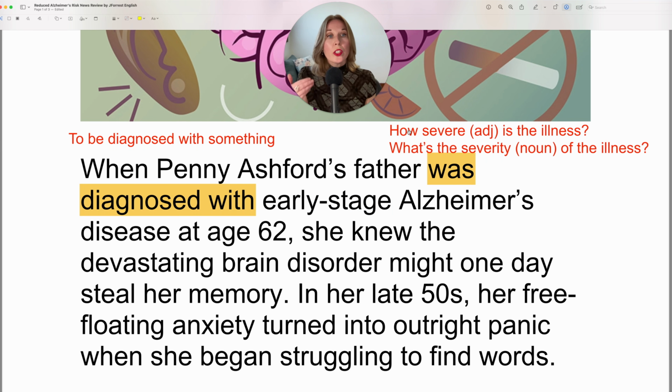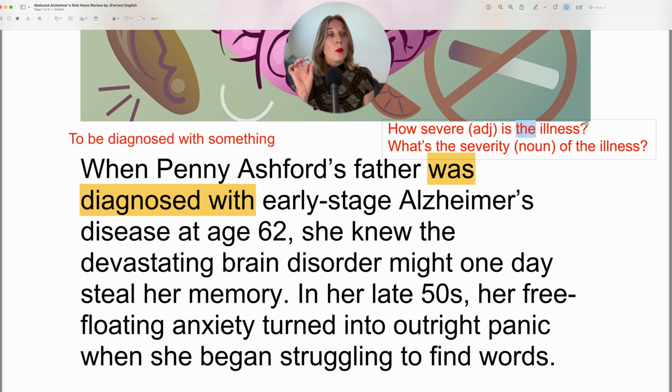As a question, you could ask someone, how severe is the illness? So severe is an adjective. Or you could ask, what's the severity of the illness? And severity is a noun. This is probably the most common in an everyday context. And then this is more of a technical term. Like I said, you might be trying to understand on a scale the severity of it.